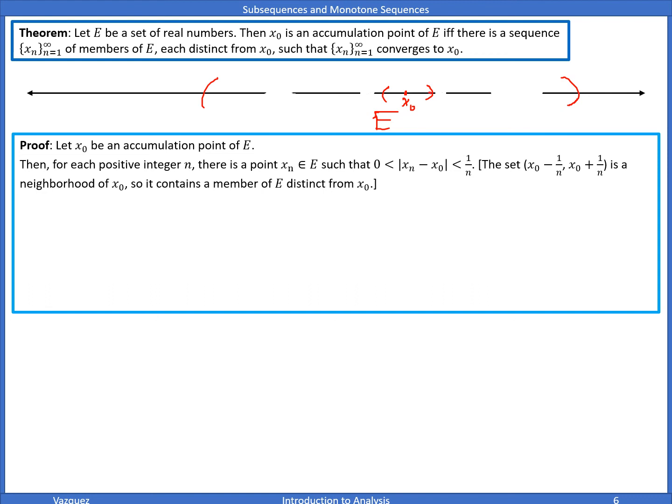We're going to put x sub n right there. The difference between those 2 points is less than 1 over n, right? Because we have the neighborhood x naught minus 1 over n to x naught plus 1 over n.